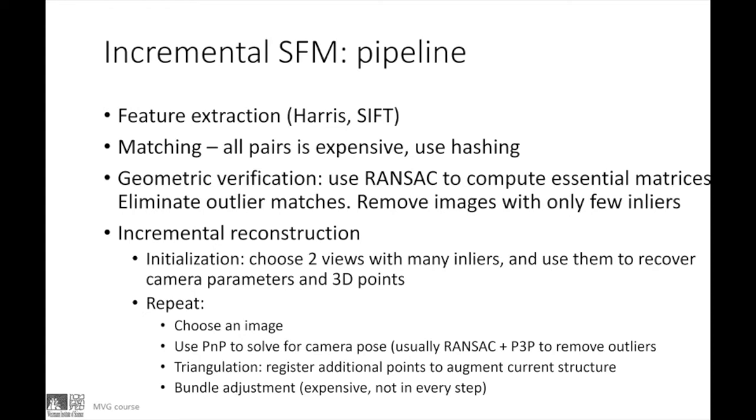All right? This is the initialization. And next, we repeatedly do the following thing. At each step, we choose one image, again, based on how many inliers it has in common with the views that we already used.